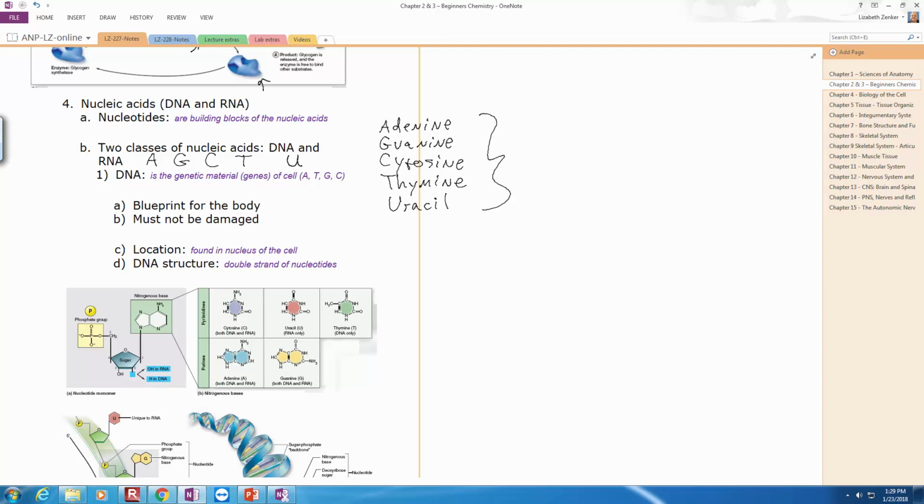It has all the possible recipes that you need to make anything on your body. How to make your eyeballs, eyeball color, hair color, curly or straight, skin tone, height, how to make a pancreas, how to make your lung, how to make the enzymes to make something function so that you could do your other metabolic processes, and so forth. So DNA is all of the possible recipes.